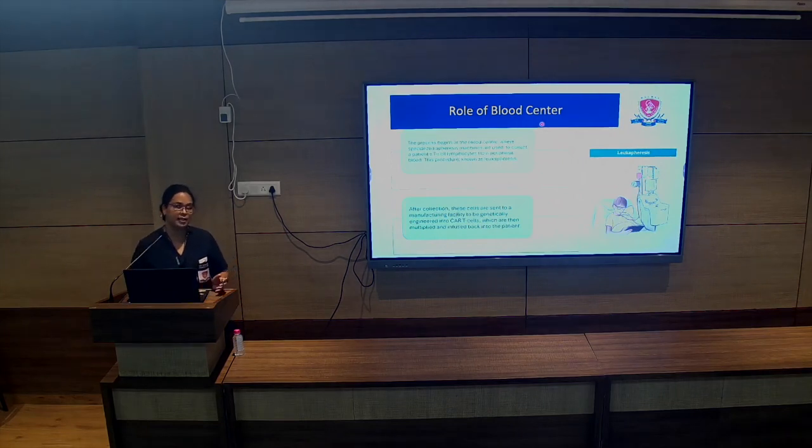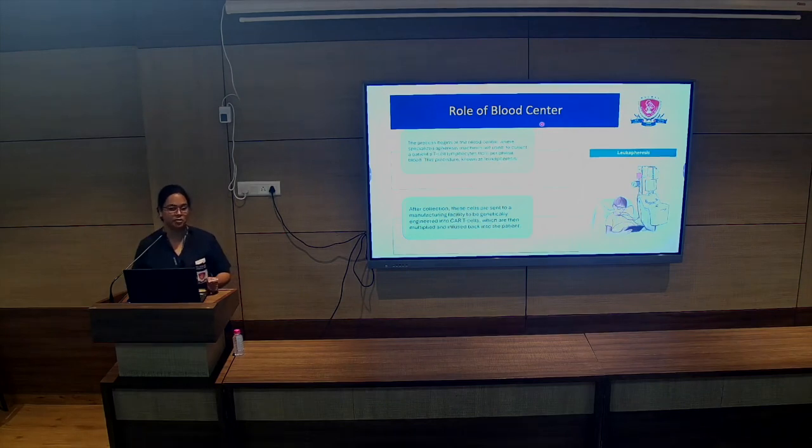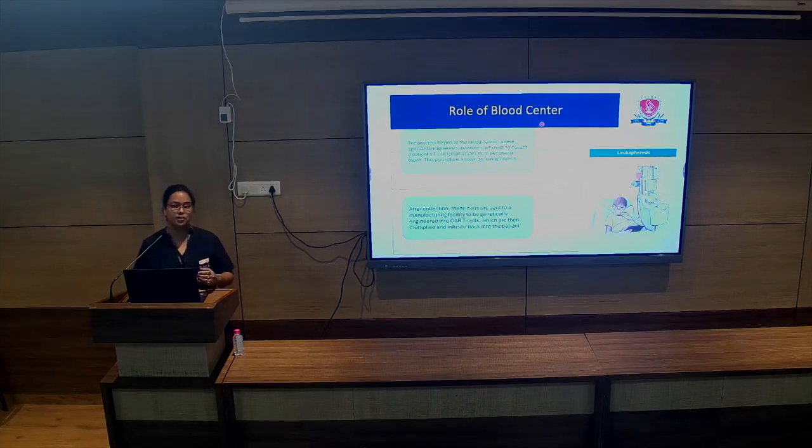So CAR T-cell therapy is chimeric antigen receptor T-cell therapy. Basically, the T lymphocytes of the patients are collected, and then these T lymphocytes are genetically modified to present the chimeric antigen receptors on their surface, which will later target the cancer cells and kill the cancer cells of the patient.